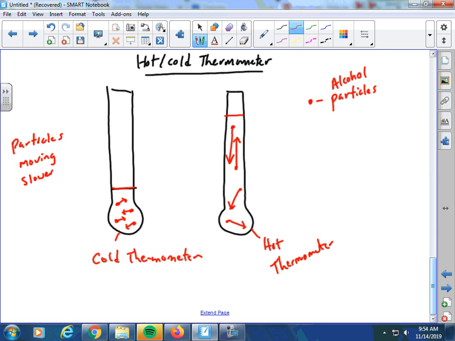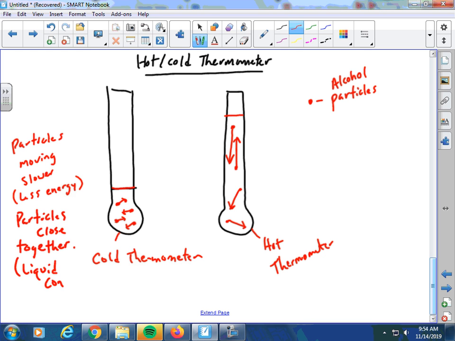We now know that that means less energy, which makes sense. Because the particles are closer together also, which is causing the liquid to contract, get smaller.